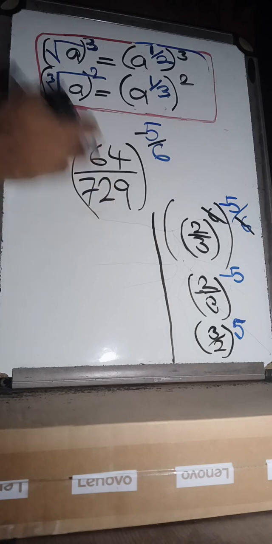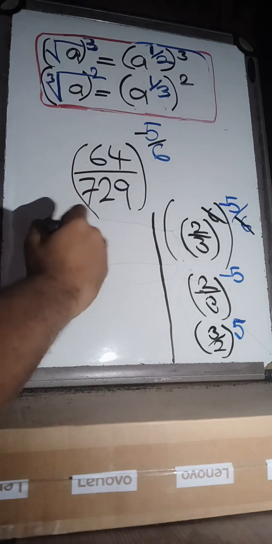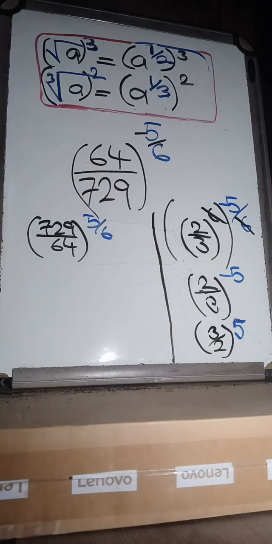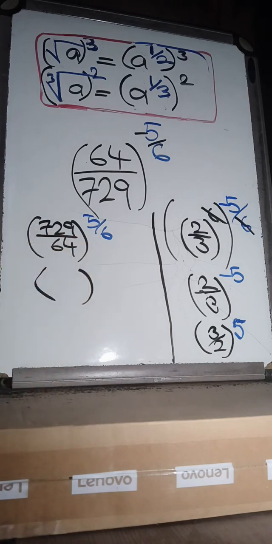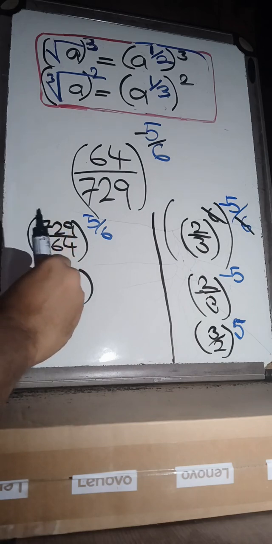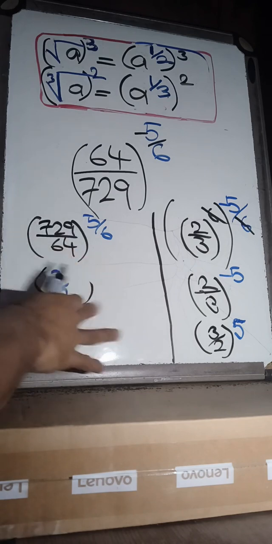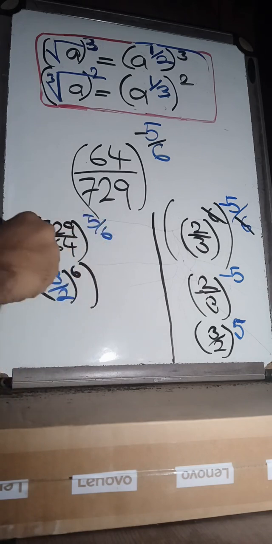Alright, fine. Let's do it the other way over here. Let's flip it from early and have 729 over 64 raised to a positive 5 over 6. Of course, I have positive 3 over 2, all of that raised to the 6.